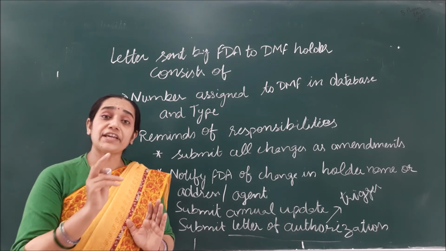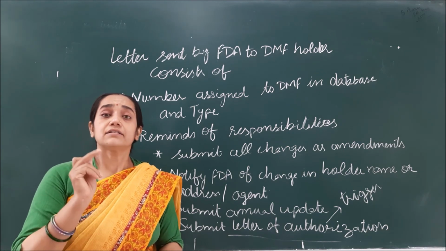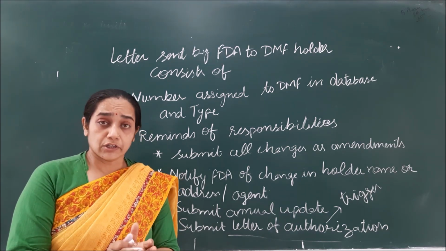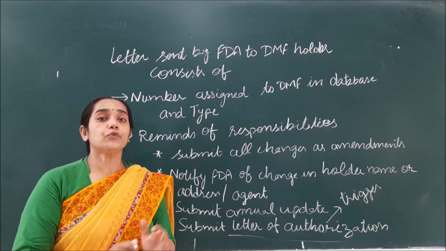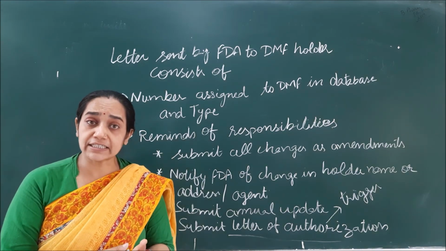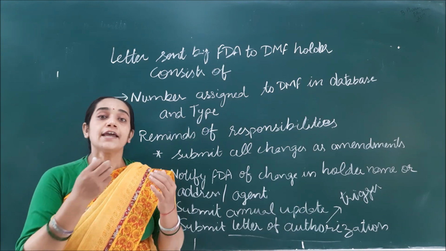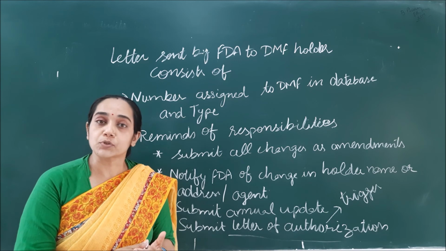So the FDA will again send a letter to the holder asking to consider the change if you will submit a change, or if there is no change, to send a letter of authorization again that this document should be considered for further referencing. Only then will it be kept in the repository.